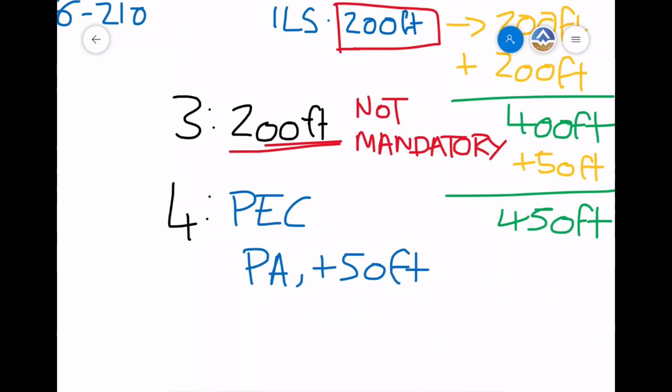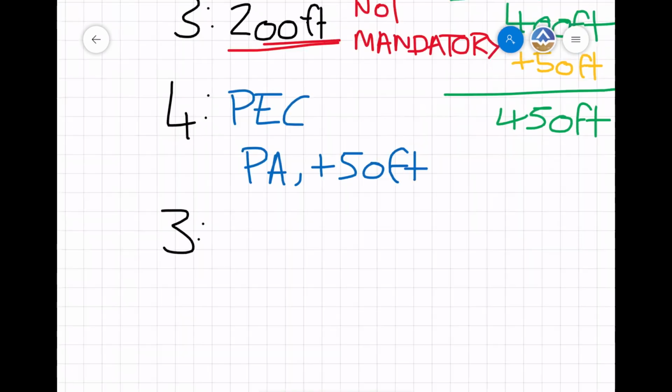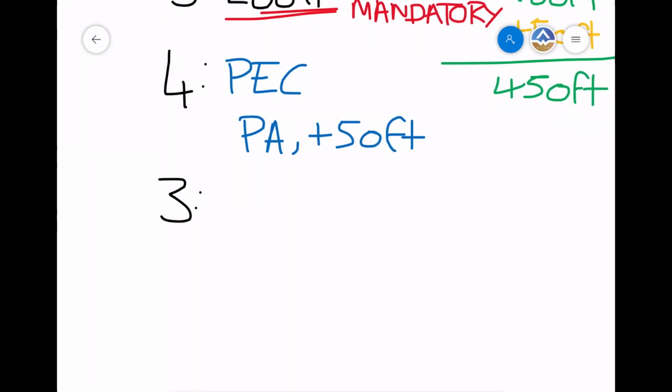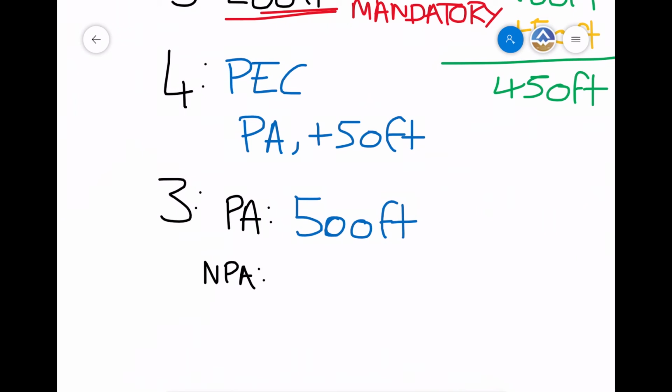Something else specific to IMC rating holders is actually we have absolute minima that we have to follow. For a precision approach, the absolute minima we have to use is 500 feet. And for a non-precision approach, this absolute minima is 600 feet.